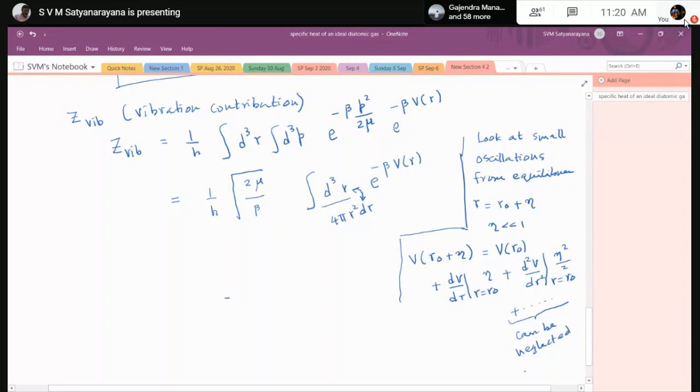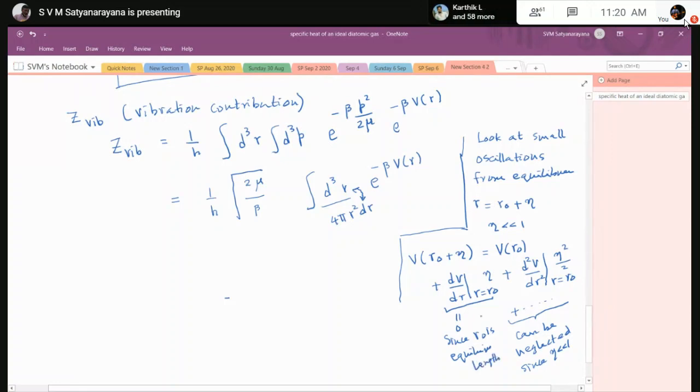Since eta is much smaller than 1, and this particular term is 0 since r naught is the equilibrium length of the spring.